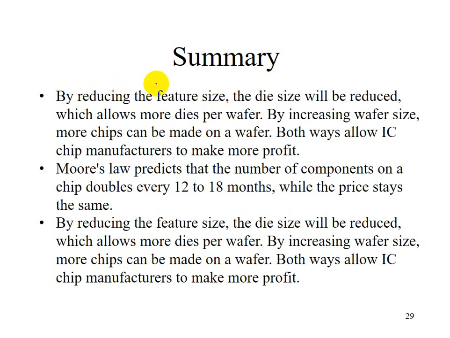For the summary, first, by reducing the feature size, the die size will be reduced, which allows more die per wafer, so you can reduce the cost. By increasing the wafer size, more chips can be made on a wafer. Both will allow IC chip manufacturers to make more profit because you're reducing the cost of fabrication.